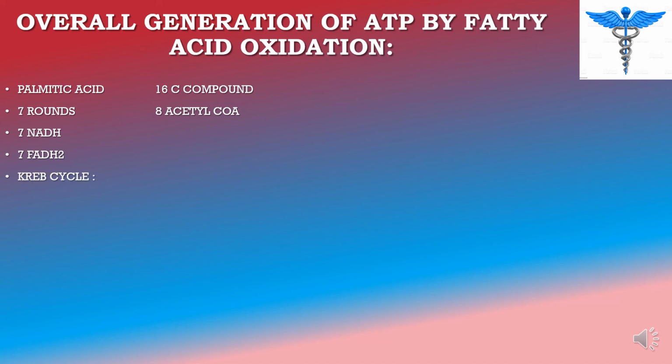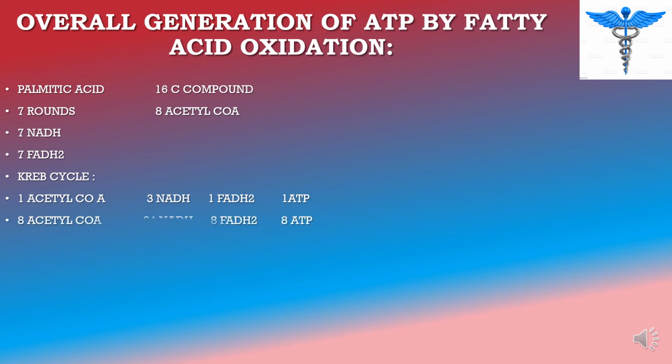The 8 acetyl coenzyme A will enter the Krebs cycle. 1 acetyl coenzyme A will give us 3 NADH, 1 FADH2 and 1 ATP. So the 8 acetyl coenzyme A will give us 24 NADH, 8 FADH2 and 8 ATP.